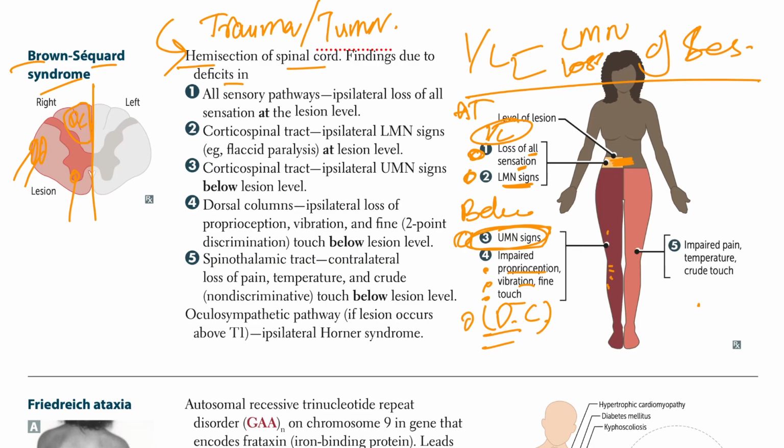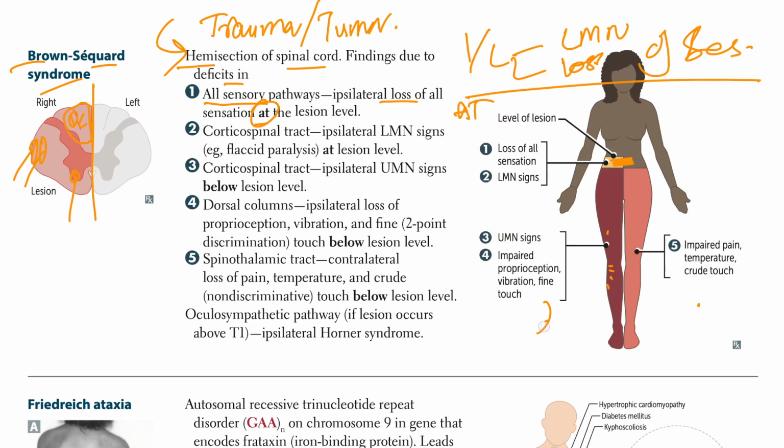So let's just read the book and then we look at the image again and get done with this one. So here we have all sensory pathway, ipsilateral loss of sensation at the level of lesion. All sensory pathway at the lesion is out. Corticospinal tract, ipsilateral lower motor neuron lesion, flaccid paralysis at the lesion.